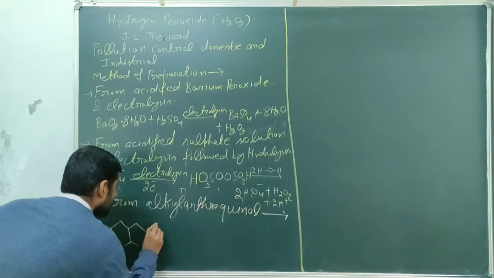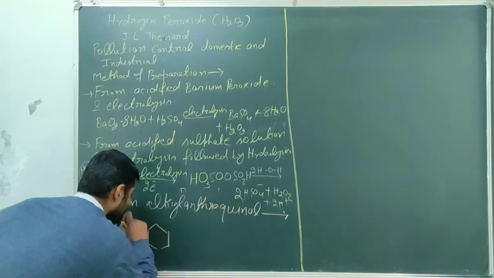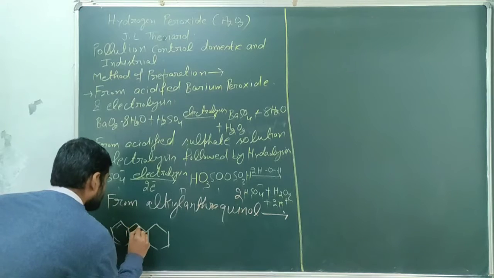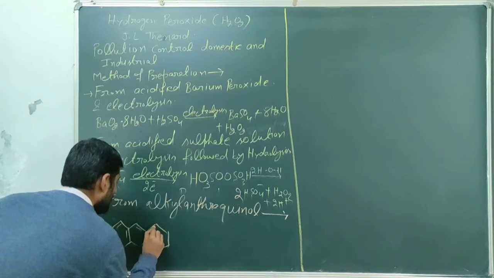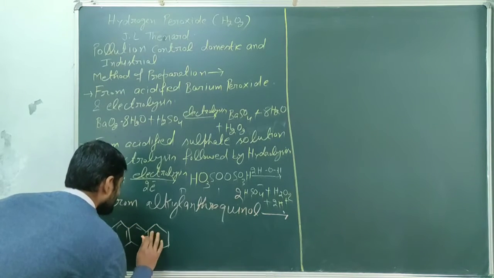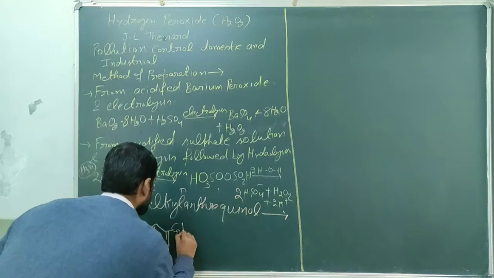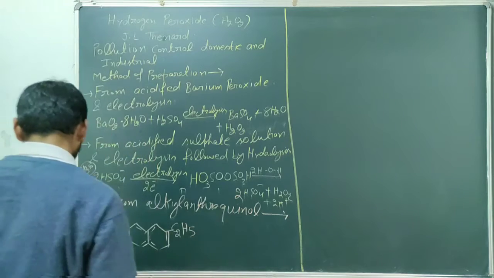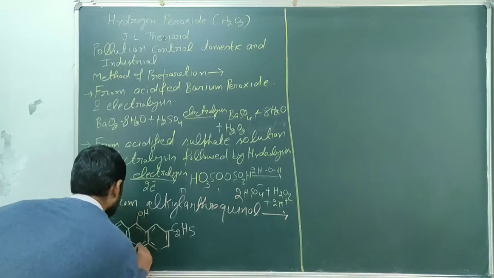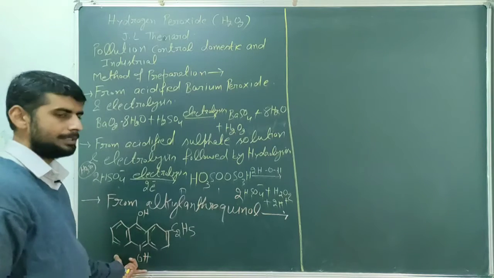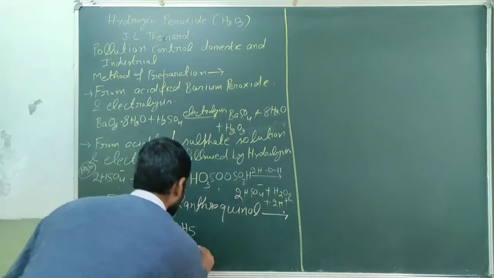The structure is not given in NCERT, but I am making the structure here. Okay? C2H5, OH. This is the 2-ethyl anthraquinone.